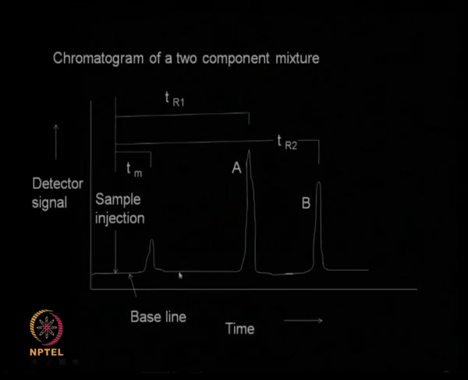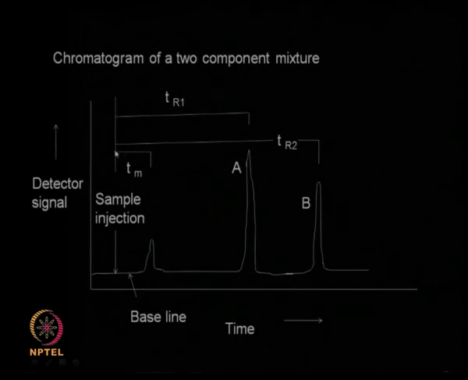So if you look at a chromatogram of 2 components, this we call the baseline, this we call the detector signal, and this could be your time, okay. So there is a peak coming out first, and this is the Tm, that is the time required for a molecule to travel from the inlet to outlet if there is no interaction of the molecule with the stationary phase material, and then you have component A coming out, component B coming out, okay.